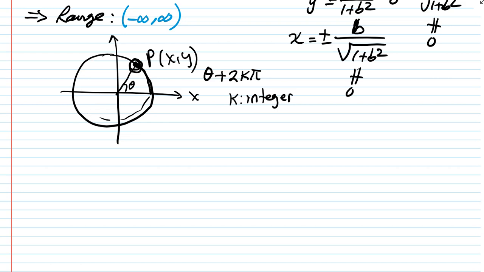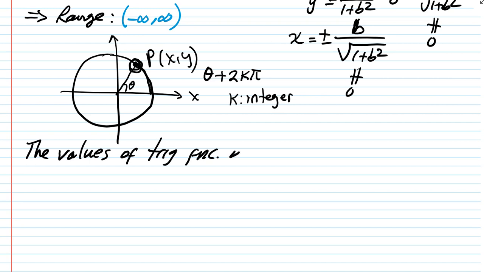Okay, so if I end up at the same point, that means the values of trig functions are all the same, aren't they? So that's what I want to generalize now. The values of trig functions of theta are the same as, or I should say, because we're using theta plus 2k pi, our base is theta.